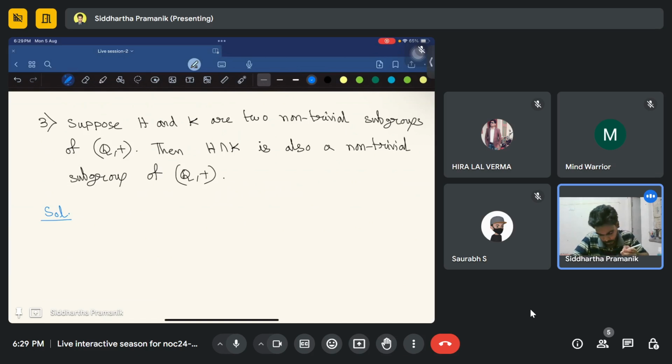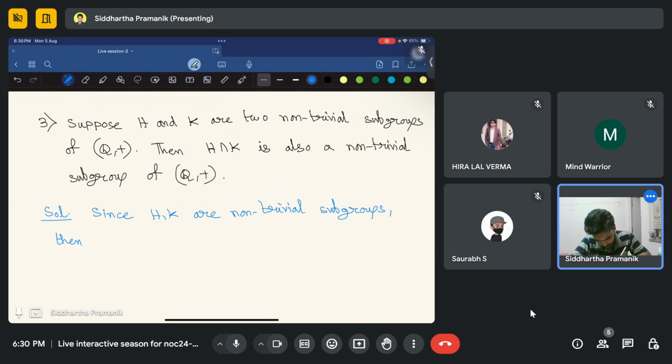Okay, let me do this. So H and K both are non-trivial, right? So they must contain some non-zero elements because the identity here is the zero element. Since H, K are non-trivial subgroups, they must contain some non-zero rational numbers, right?